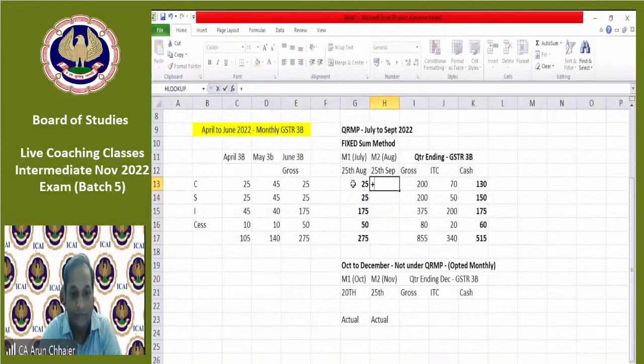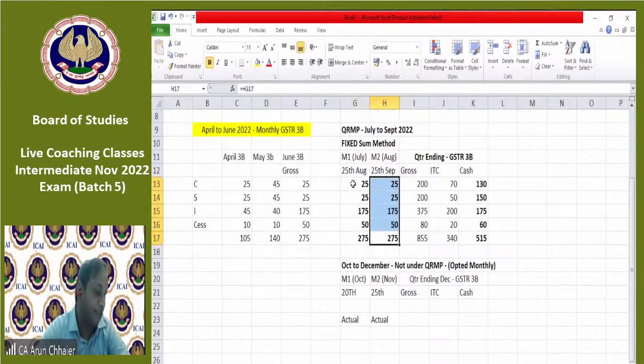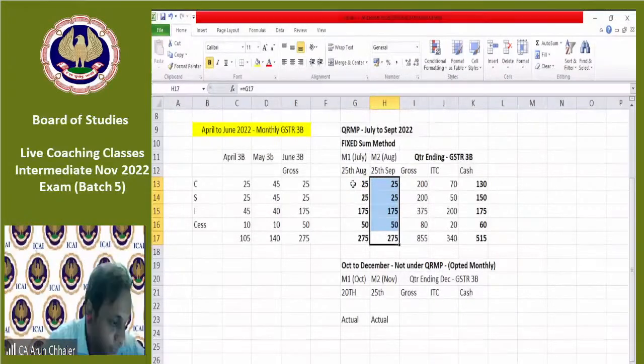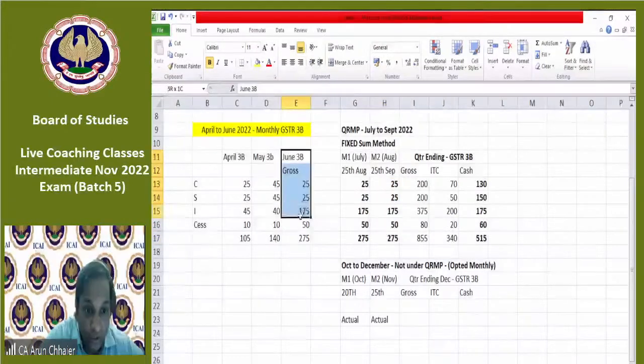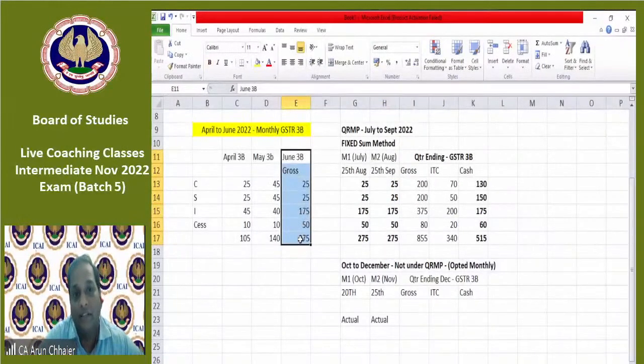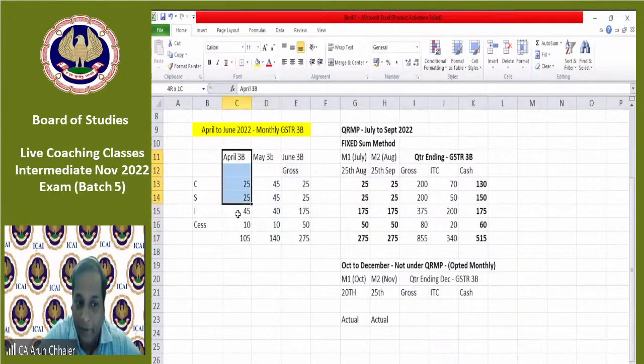Is it clear? Now you can ask any question if you have. Somesh, not right, because June is not representing 3 months. June is itself for the month of June, May only for May, April only for April.